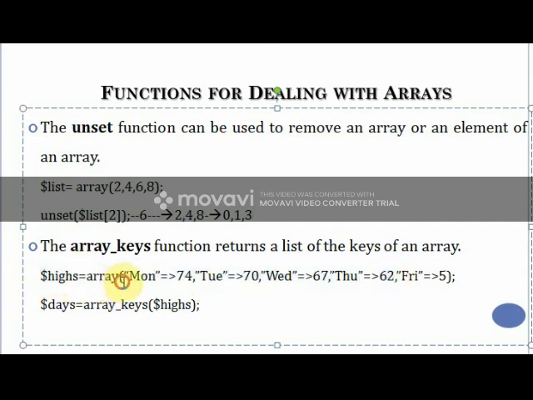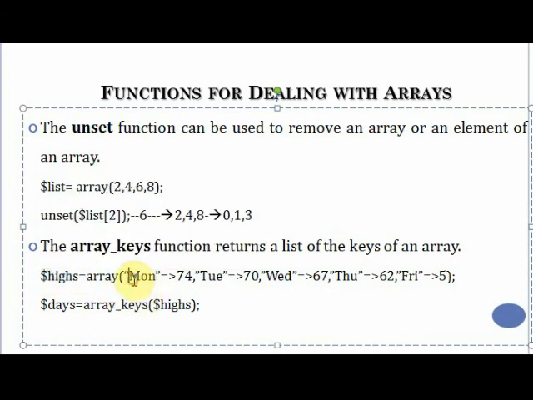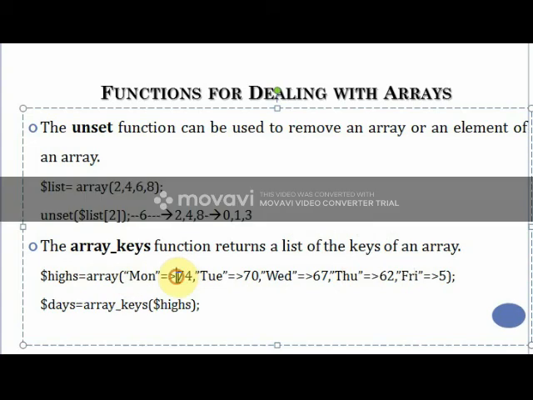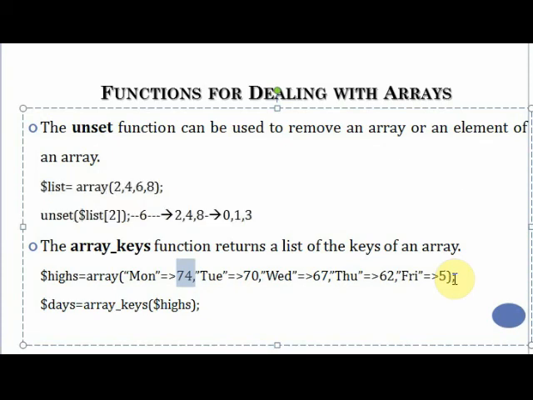Again you have used the array construct and created an array whose name is highs. In the array, the key values are Monday, Tuesday, Wednesday, Thursday, Friday, and the values are 74, 70, 67, 62 and 65. The returned array uses the key values 0, 1 and goes on.